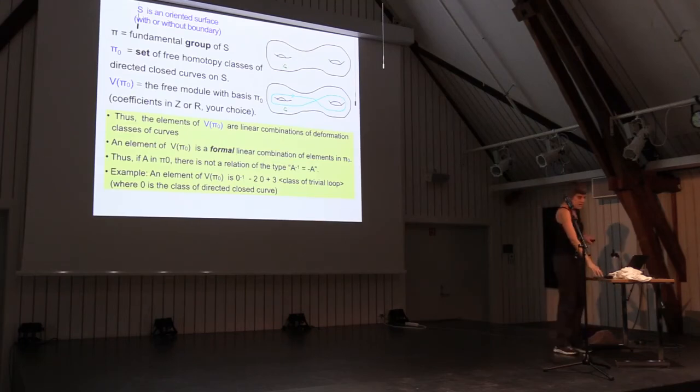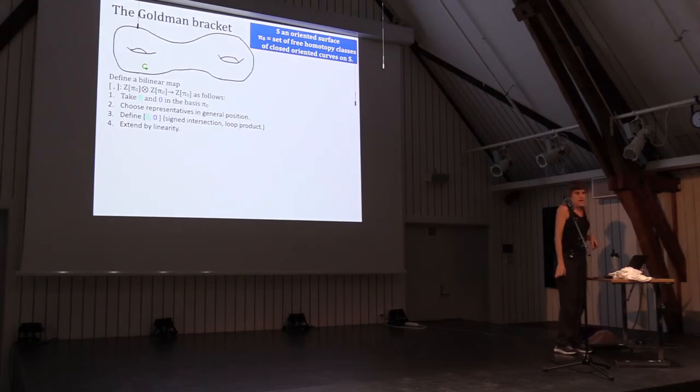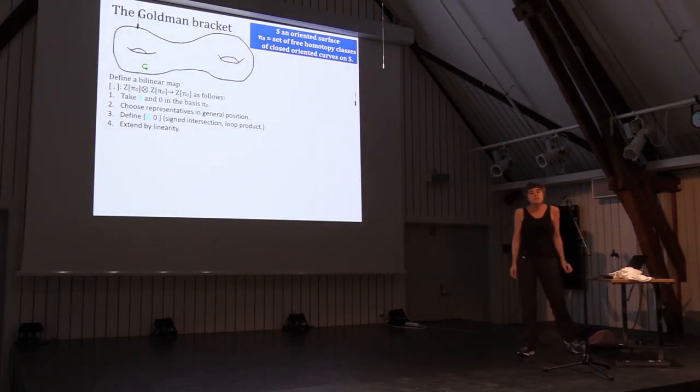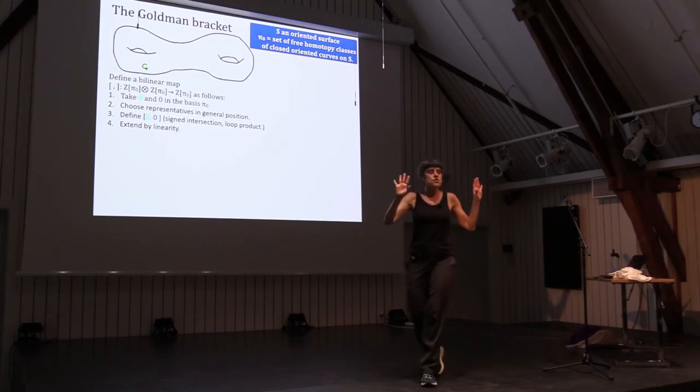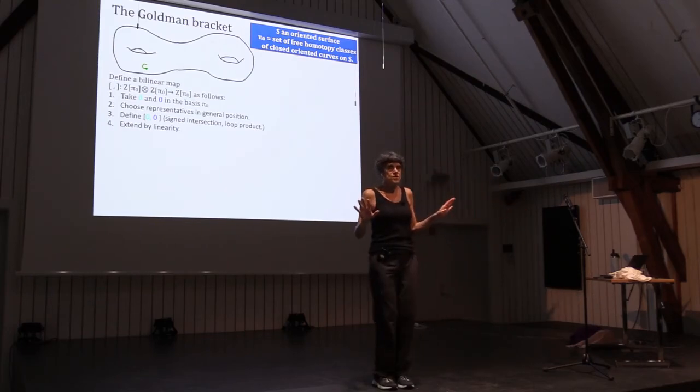Just formal linear combinations. Could you say again what the free homotopy classes in the set are? Free homotopy classes of closed directed curves on a surface. I'm looking at closed directed curves on a surface up to continuous deformation. And then you pick one representative? No, I choose each class.